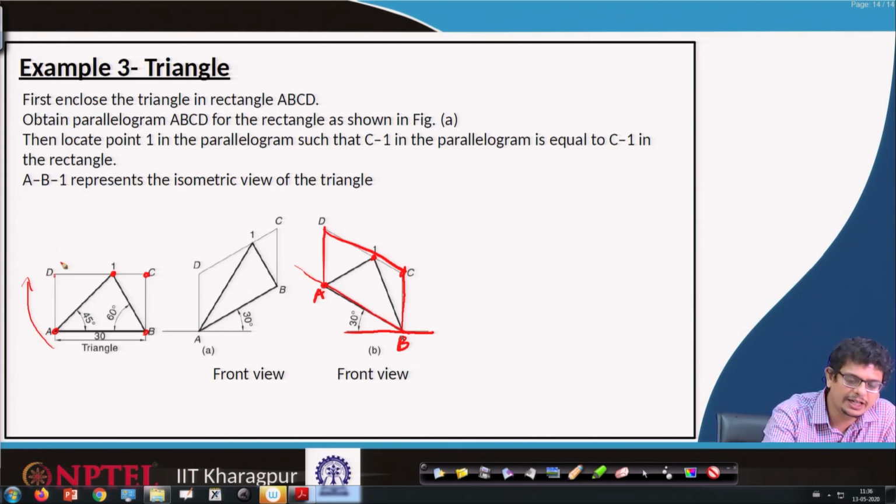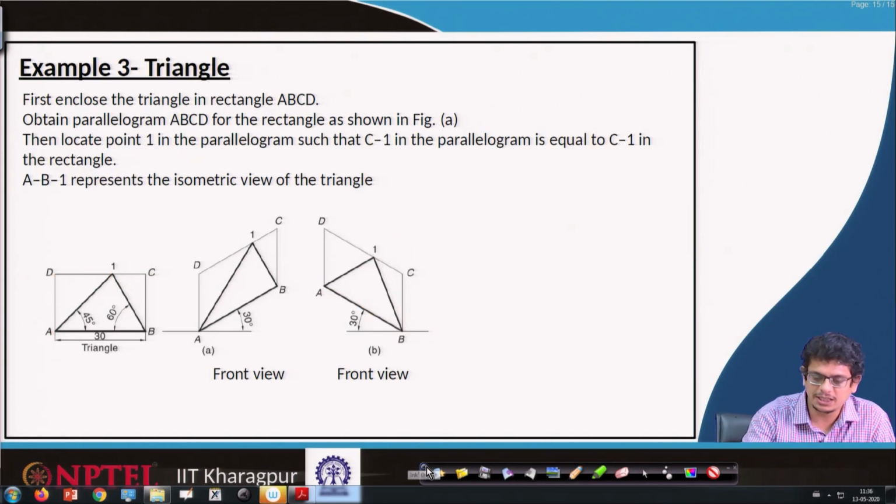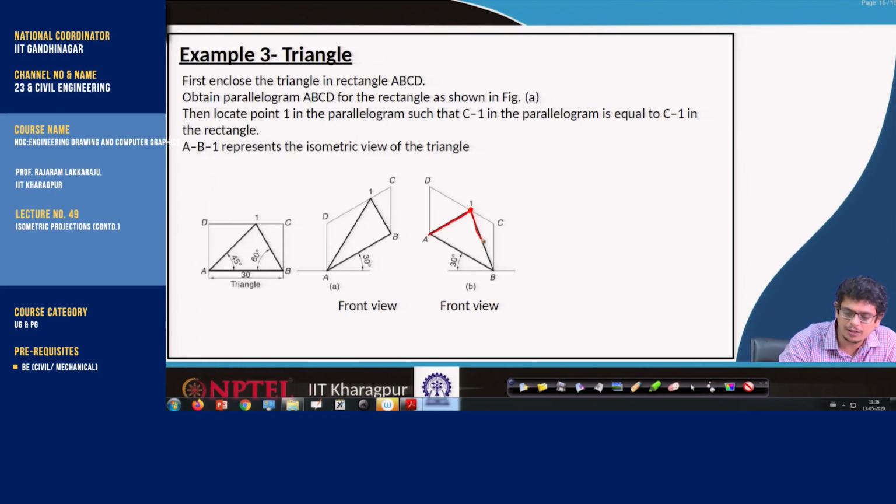One can transfer D1 length also in the same way. The way we transfer D1, we can transfer it there, or the 1C length we can transfer. Once done, we have this point 1. Now, join A, 1, B to construct the triangle.